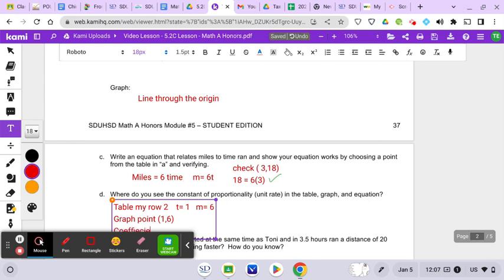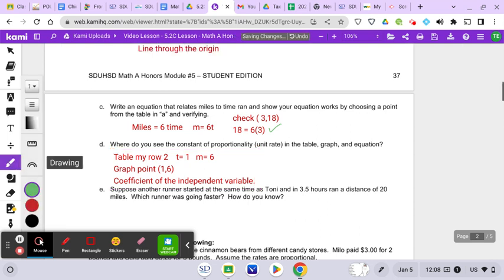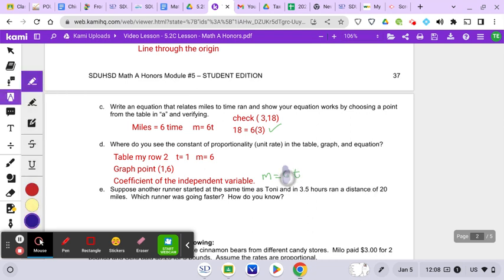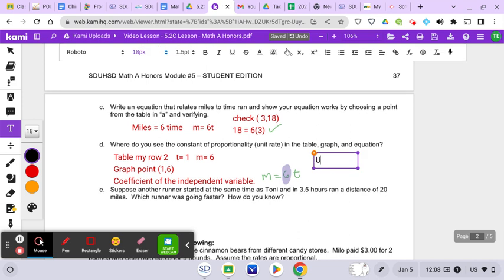Coefficient of the independent variable. M is equal to 6t. It's right here. This is 6. Okay. So I know that my unit rate is Tony's going 6 miles per hour.